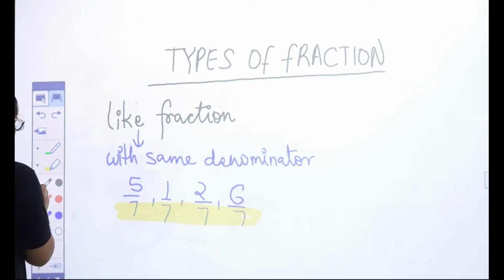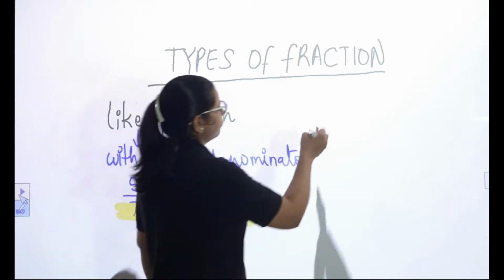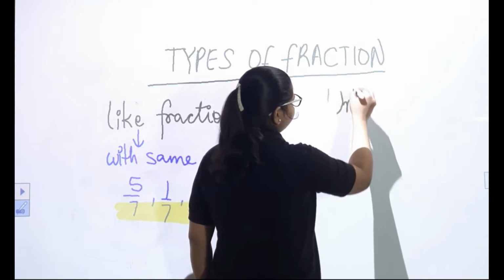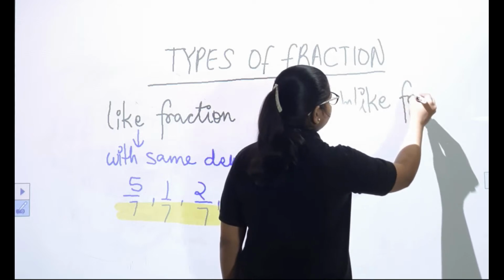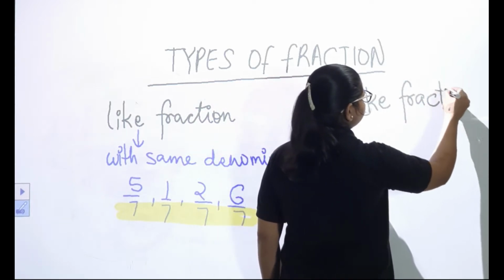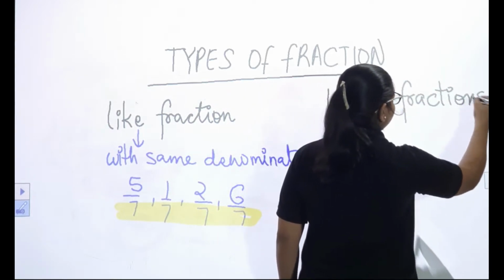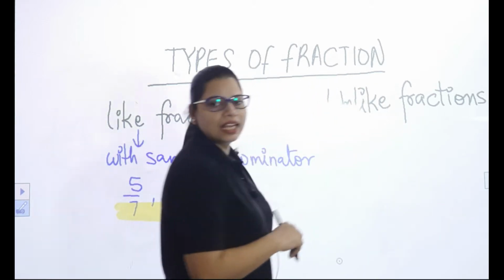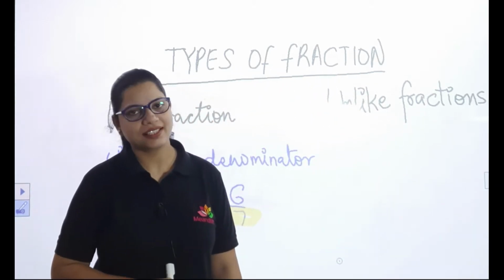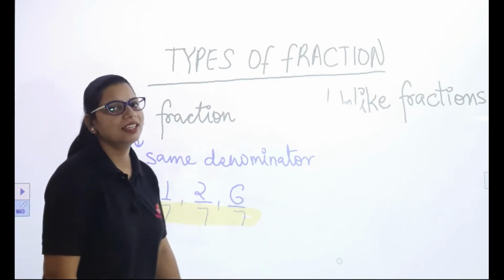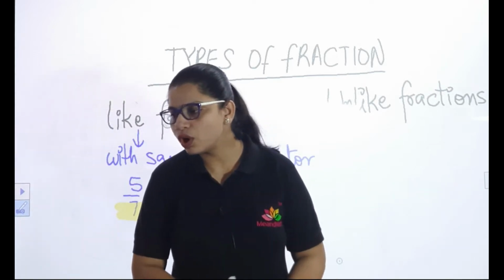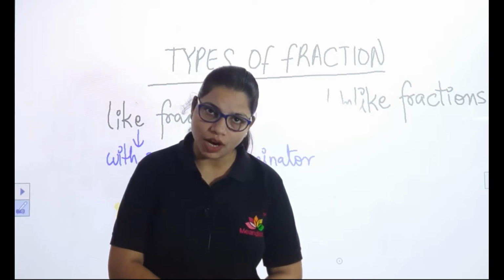Now, the next type is unlike fractions. So, what are unlike fractions? Unlike fractions are fractions just opposite to like fractions. They do not have the same denominator.